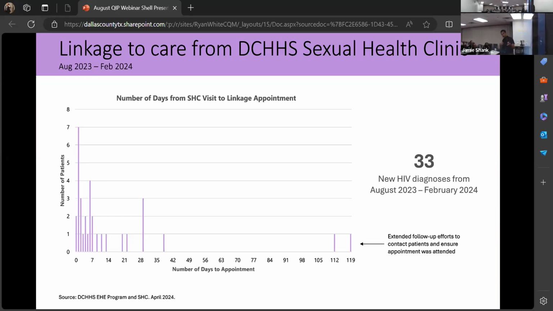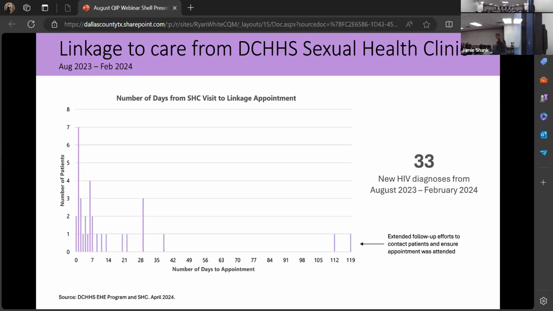We started collecting data August 2023, last year, and this presentation was in March, so it was just through February of this year. We had 33 new diagnoses, and this chart is just showing the number of days to their linkage appointment from 0 to 119.